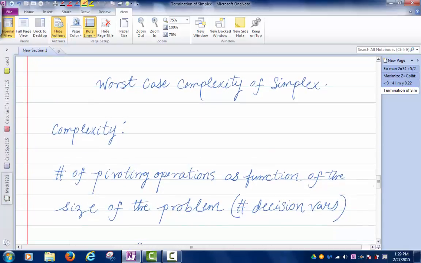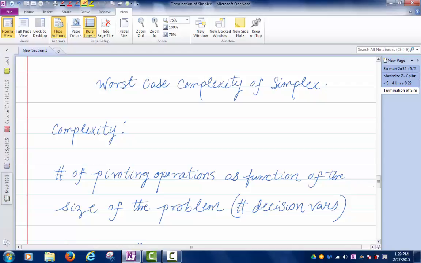What's the complexity of simplex? When you took a programming class, did you talk about the complexity of an algorithm or program? Complexity means basically how much time it takes for the program to complete.